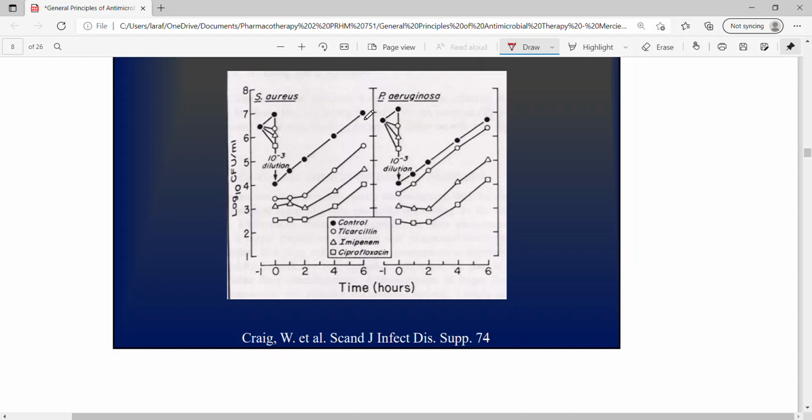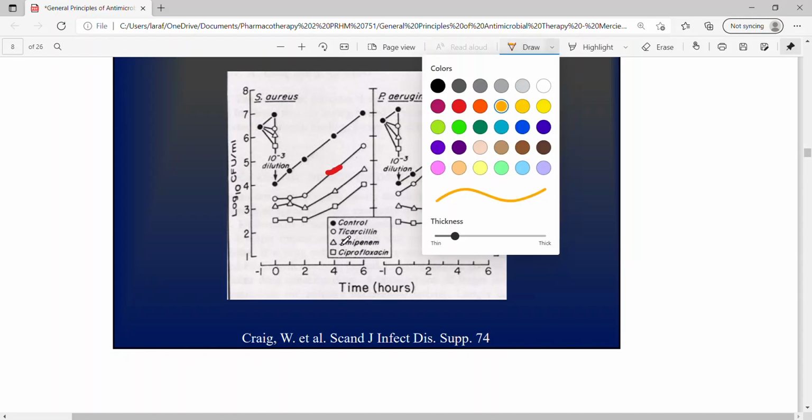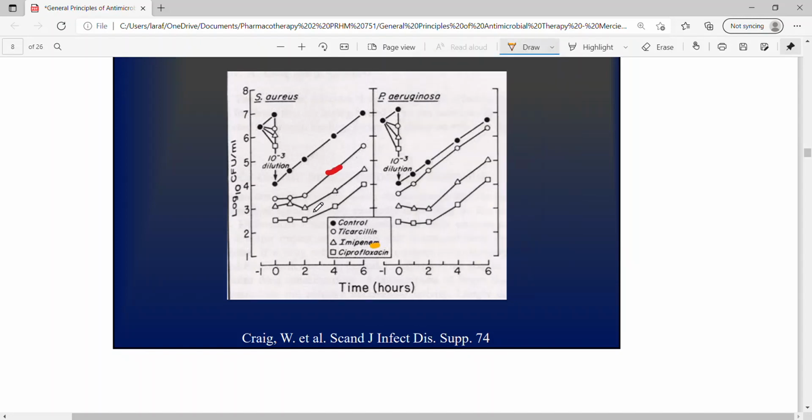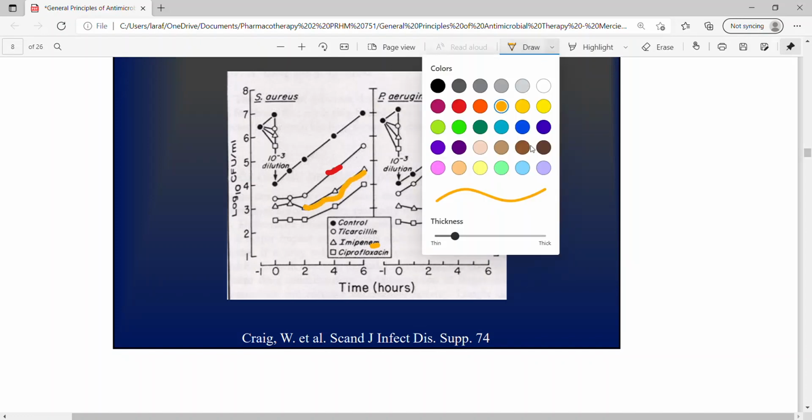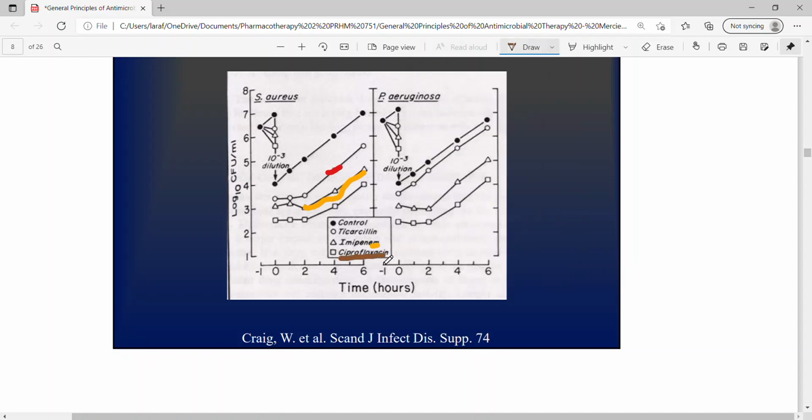So the control was up, and after hours you can see that ticarcillin is this one, you have imipenem here, and then you have ciprofloxacin here in the squares. This is for Staphylococcus aureus, and this is for Pseudomonas aeruginosa.